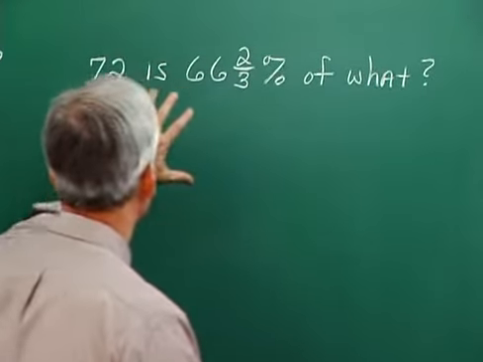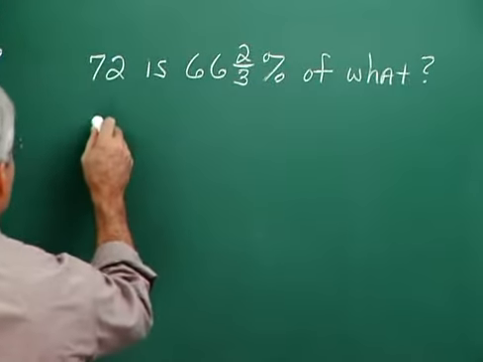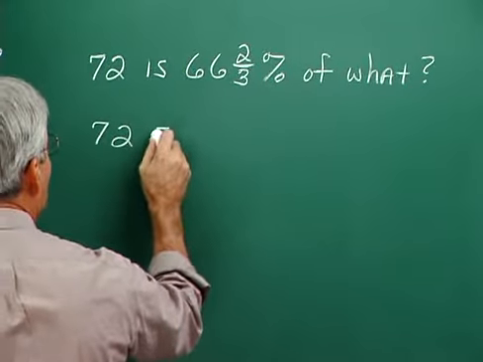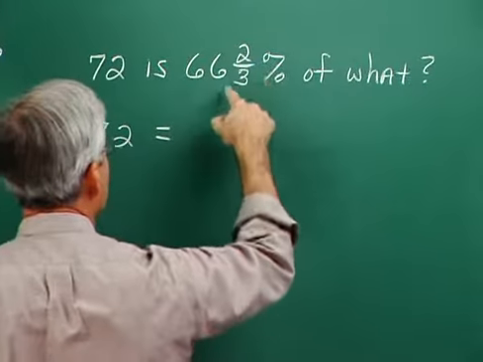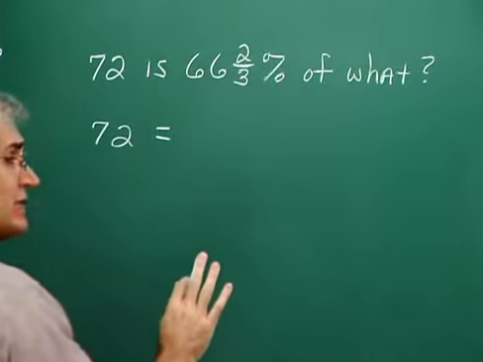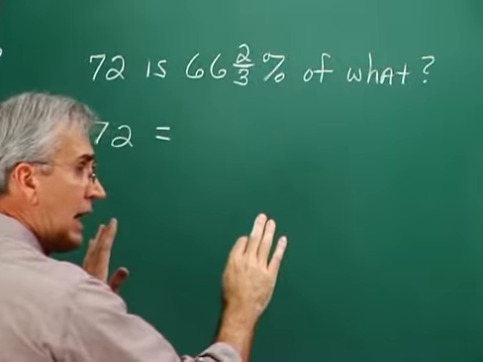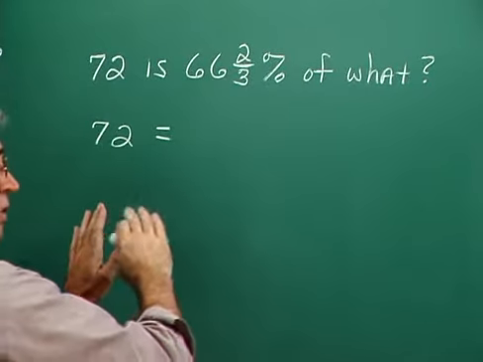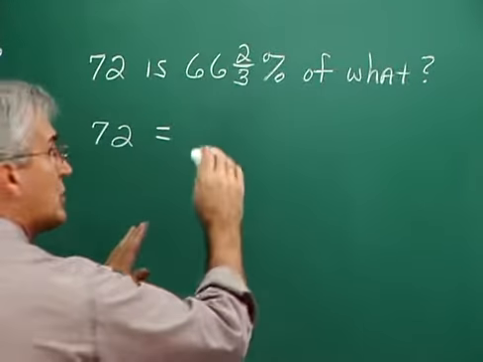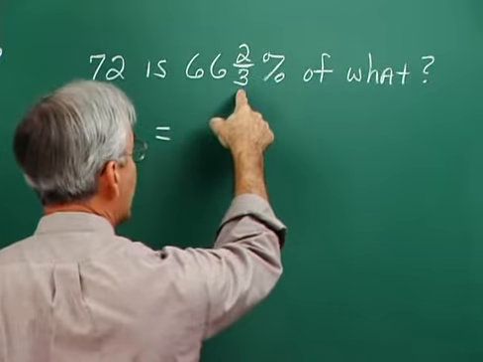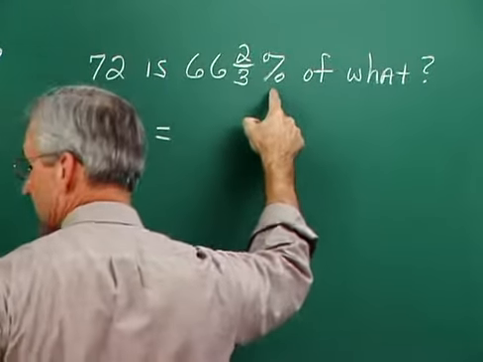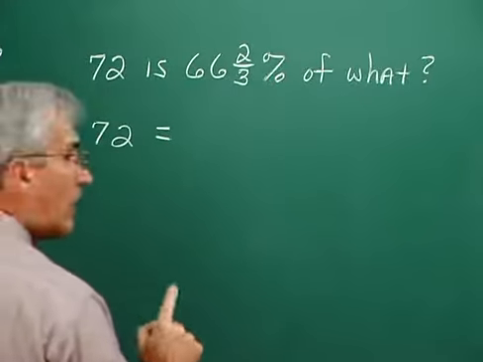So here, when we come into the next step where we say 72 is equal to, and then we come to 66 2/3%, we think, well, gee, let's change this into another form, and it can be changed into a decimal or a fraction. We're going to elect to choose the fraction form because we see a fraction in this percent business. Now, we have to remember how that process worked.